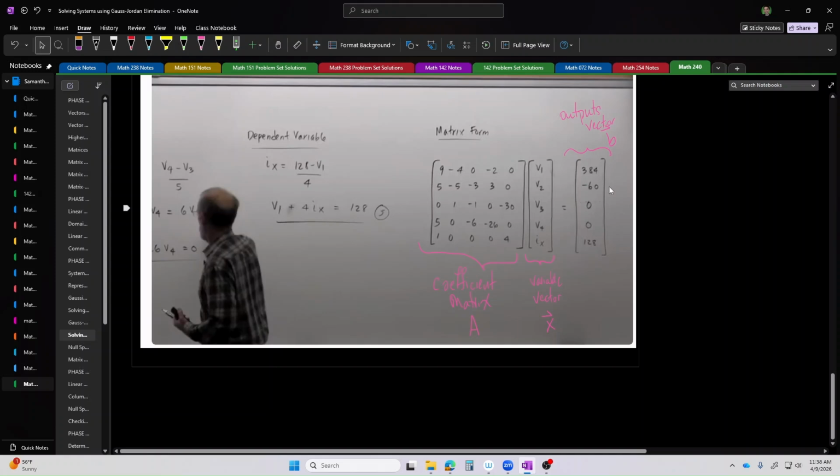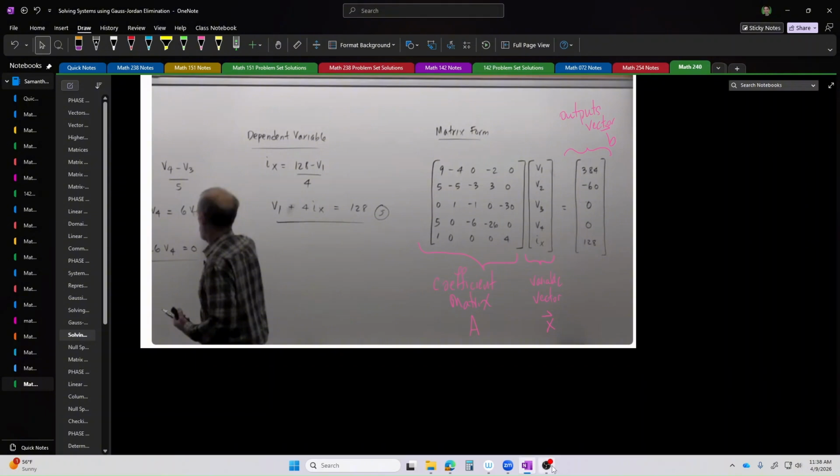And then I'm going to ask Wolfram Alpha to row reduce that matrix. And then I'm going to interpret the results of that row reduced matrix. So let me go ahead and type in the augmented matrix corresponding to this system into Wolfram Alpha.